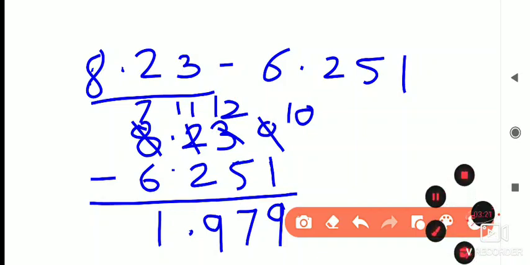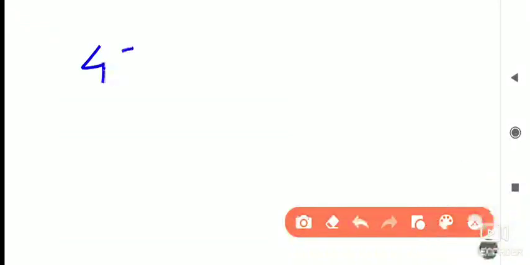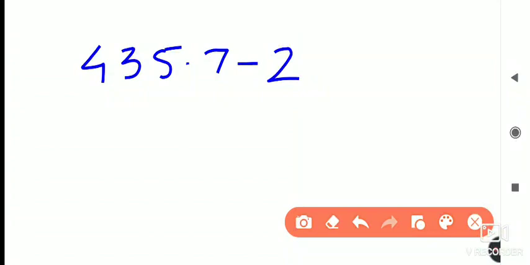Again I will take one more example for better understanding. Suppose here is the question: 435.7 minus 26.432. Such types of examples come.